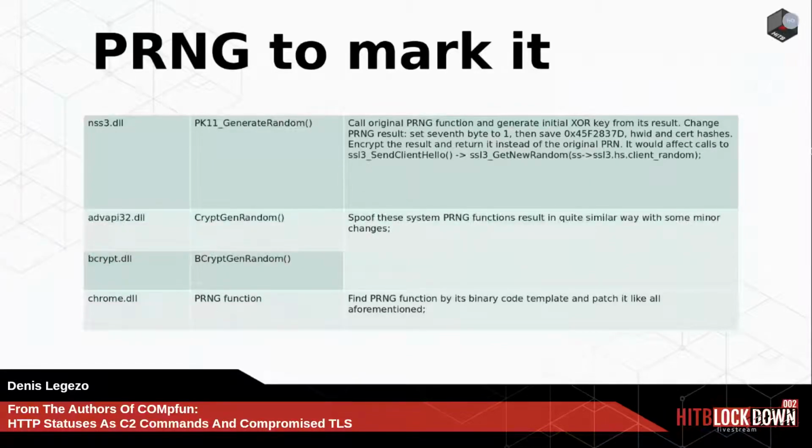What they've done, they just patch the generator of the pseudo-random numbers in process memory. In the case of Firefox, in the Firefox address space. In the case of Chrome browser, in the Chrome browser address space, whatever. So the function of the client hello generation field is now spoofed.